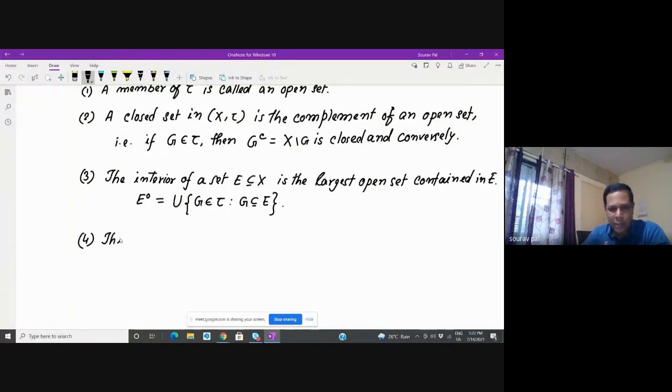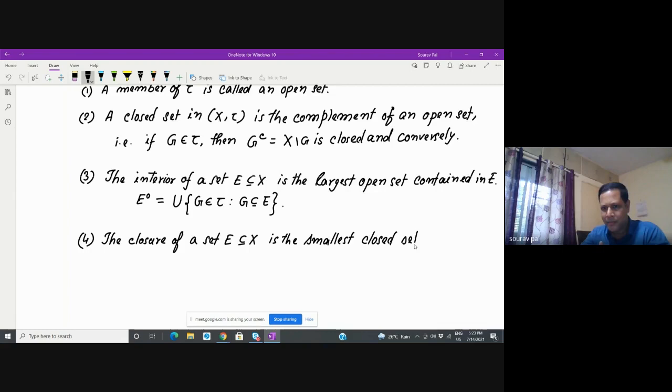The closure of a set is the smallest closed set containing E. See the difference.